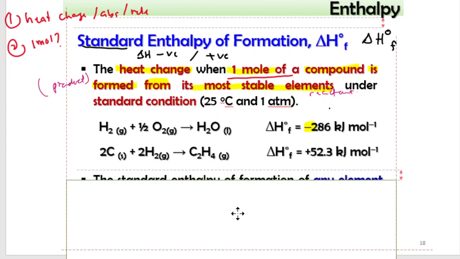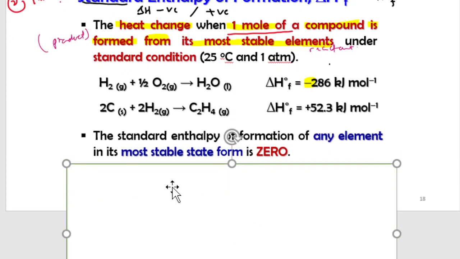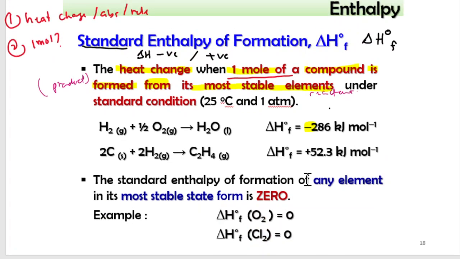Okay. So, the standard enthalpy formation of any element in its most stable state is 0. Okay, maksudnya apa? So, you can see kalau contoh formation of oxygen, O2, as you can see from the definition, 1 mole of your oxygen is formed from its stable state.